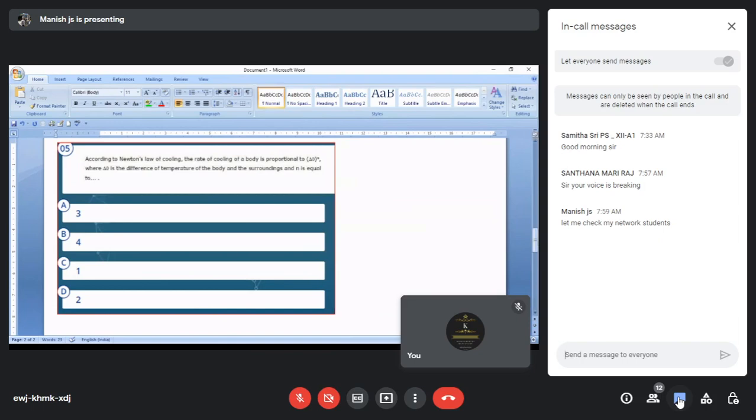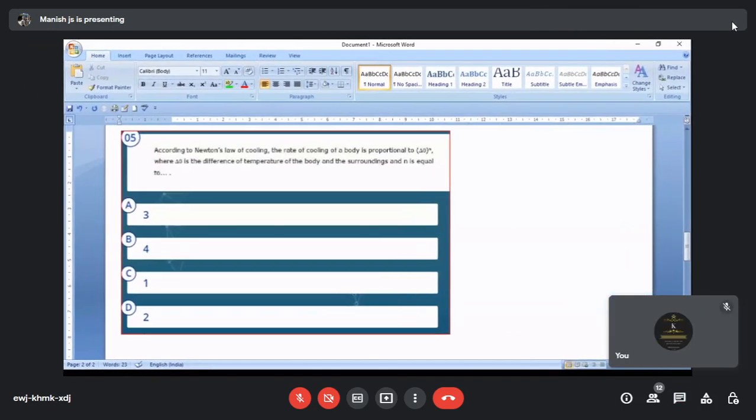Newton's law of cooling equation பாருங்க, பார்த்துட்டு எனக்கு சொல்லுங்க. What is the power of n? 1. Yes, very good. The power of n is 1 only. Equationல பாத்தீங்கன்னா பவர் வந்து அங்க 1 தான். 2 or 3 ஓ கிடையாது. It is 1. So here C is correct.